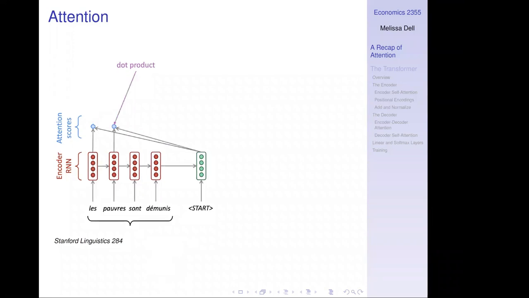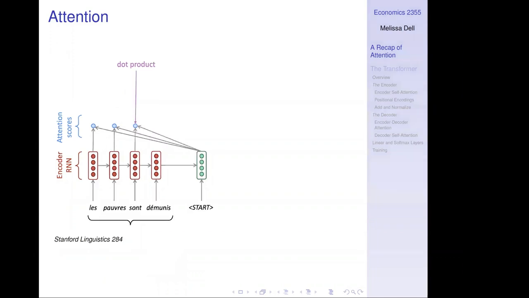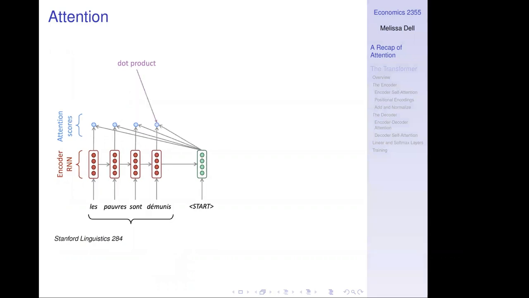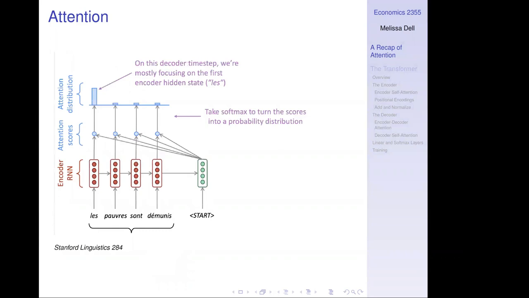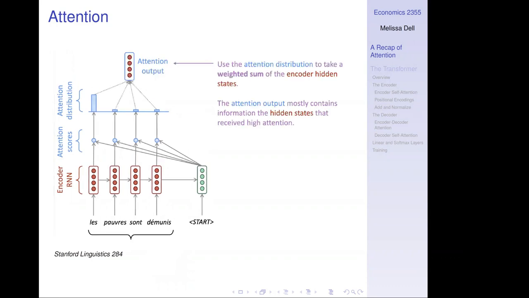And then we do that with each of the positions, take the dot product between the encoder hidden state for the second position and the decoder, and do that for the third word and the fourth word. And so now we have these four attention scores, which effectively give us the attention distribution. We take those, softmax them to get probabilities, and then we multiply each of those encoder hidden states by the probability from that softmax to give us the attention output.